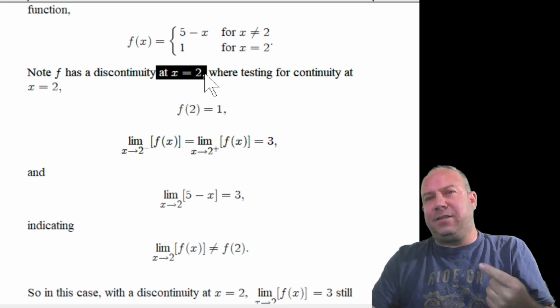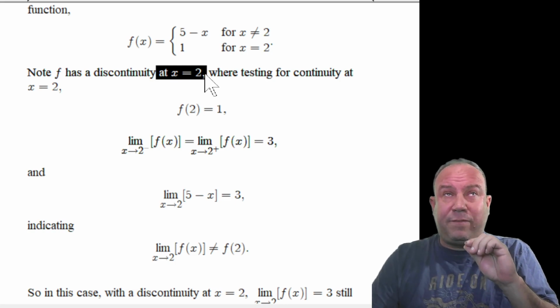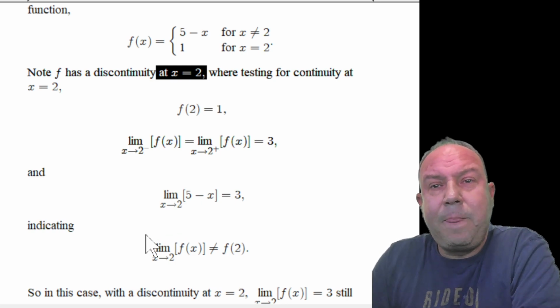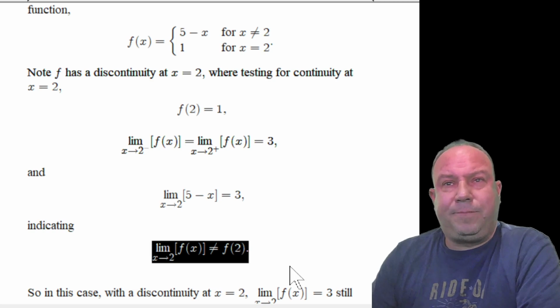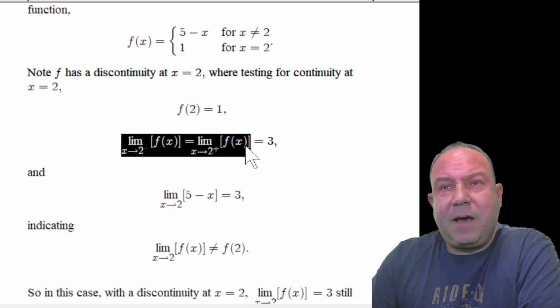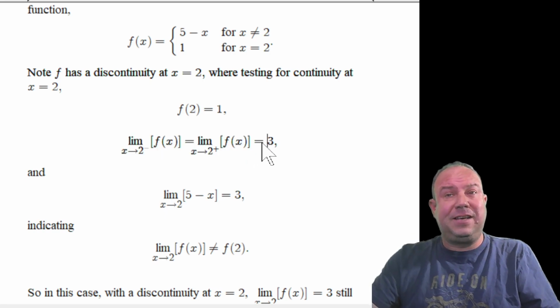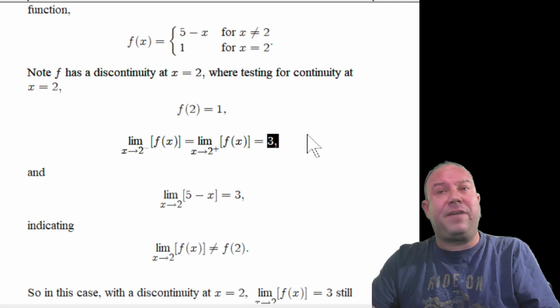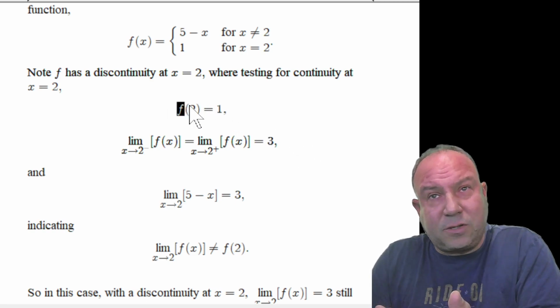The discontinuity in this case is actually due to the fact that we failed the test for continuity, right, in the third criterion. Right? The limit of this function as x approaches 2 does exist. It does exist and is equal to the value of 3. Right? That's the first criterion.